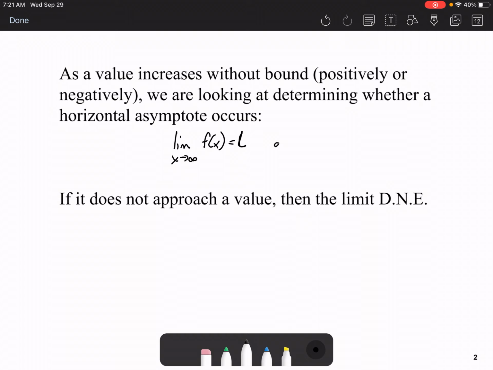Or you're also looking at the limit as x approaches negative infinity for that same function, to see if it equals some limit, let's call it L. So if it doesn't approach a value, then the limit does not exist, and therefore the end behavior might not be approaching a horizontal asymptote.